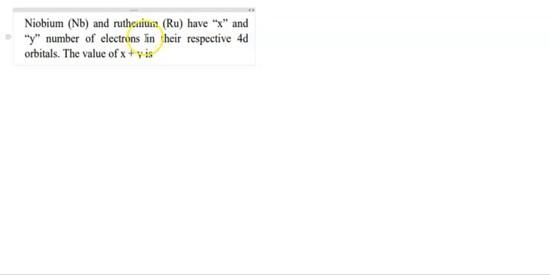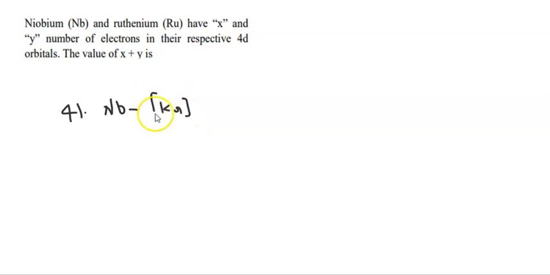Niobium and ruthenium have X and Y electrons in their respective 4d orbitals. Find the value of X plus Y, they are asking. So we must know the niobium atomic number and electronic configuration. The niobium atomic number is 41, and its electronic configuration can be written as krypton 4d4 5s1, an anomalous configuration.